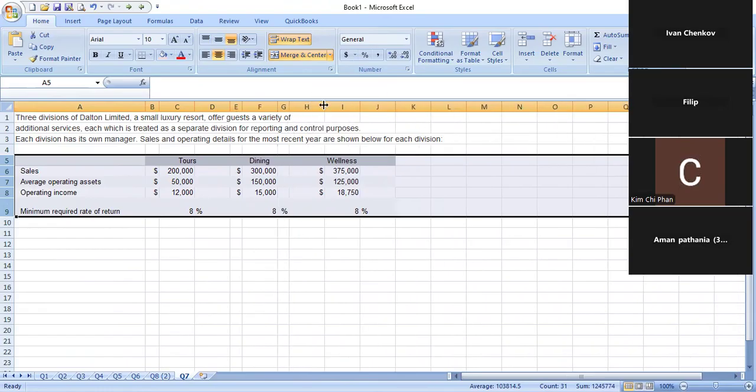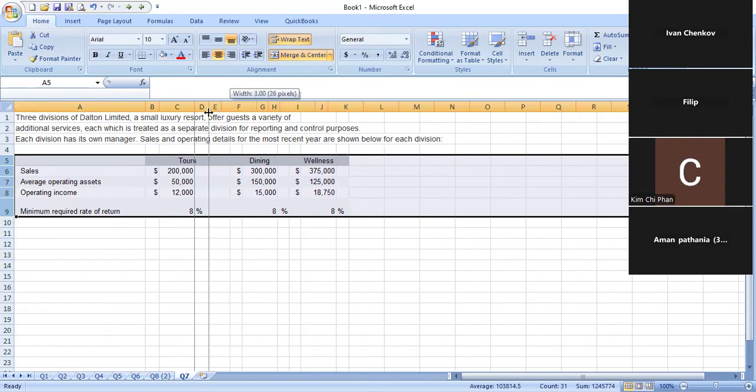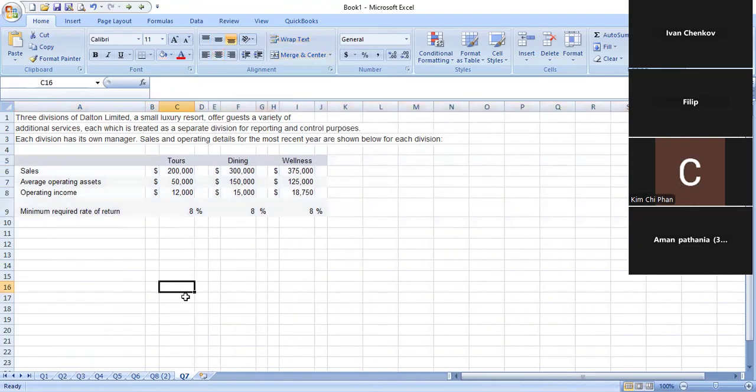So now we're moving to a completely different type of question. That will be a question from chapter 11. So we're done with chapter 10.